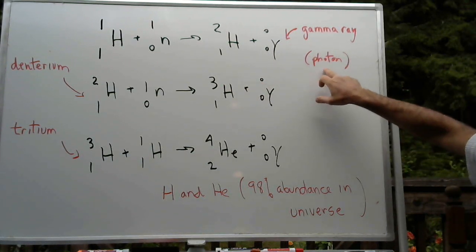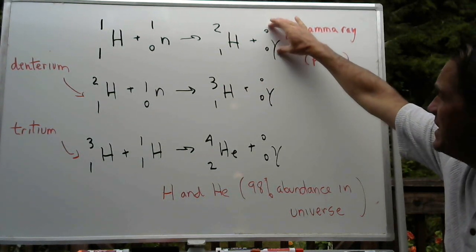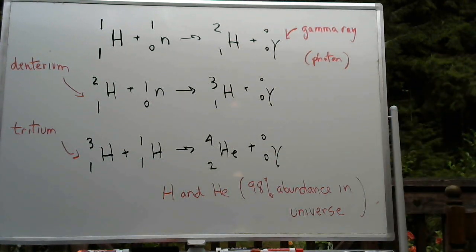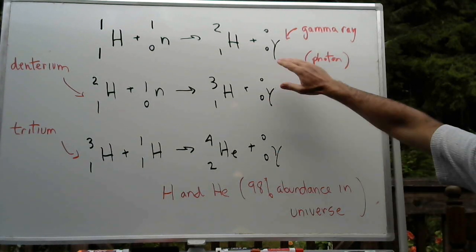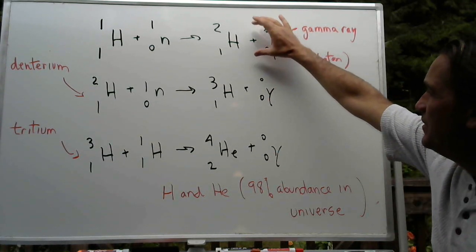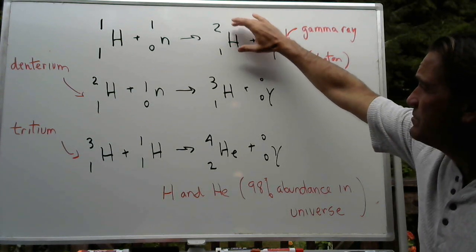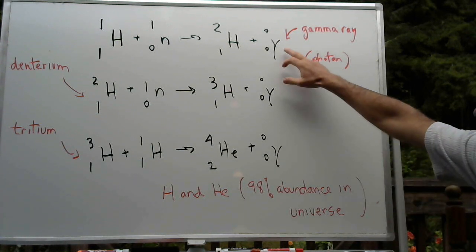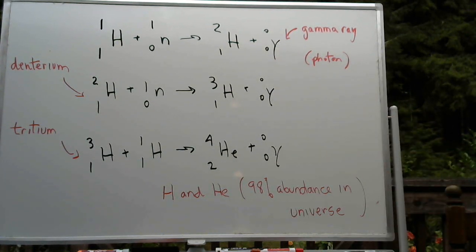A gamma ray is just a photon, but this is necessary in order to balance the reaction in terms of particle physics. There are other things we need to consider rather than just mass and charge; there's also energy that we need to balance. And this helps balance the energy portion.